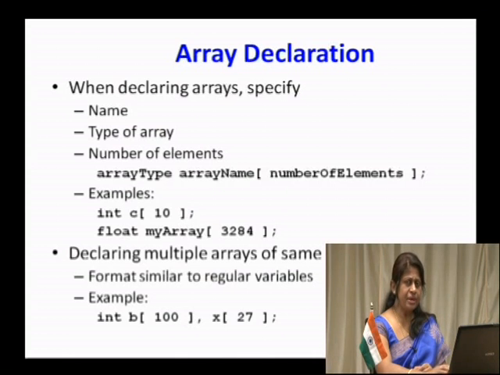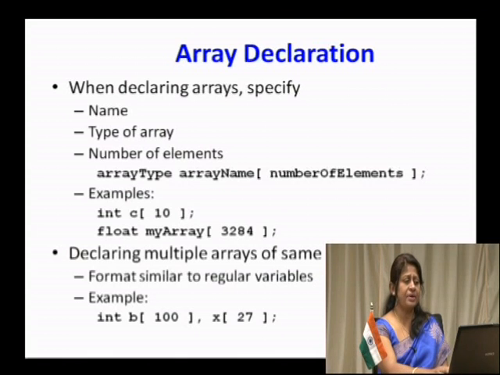Next, coming to the array declaration. Having known what an array is and how an array element could be accessed, we will now put these arrays as a part of the program. But as we have to put it as a part of the program, we know that we need to perform the data type declaration before using those data types or data structures.